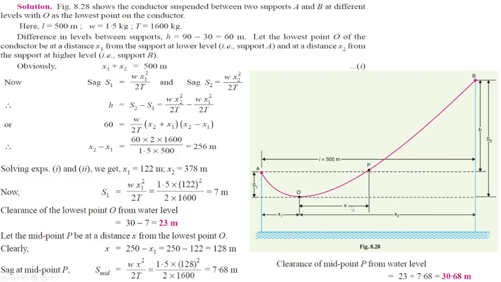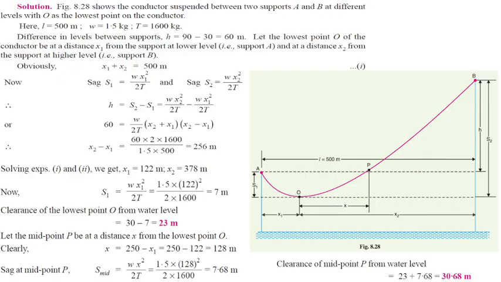So we can find x, and then we can replace it here, and the sag at midpoint P can be calculated. So very easy. You can also find the sag from this side if you assume this distance, but this one is easier.